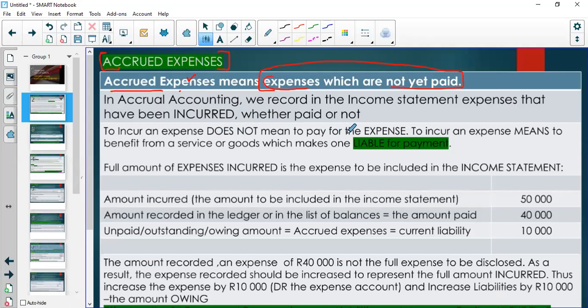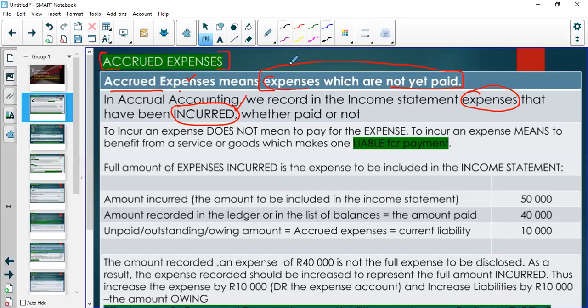So when we record expenses in the profit or loss statement, we record amounts we have incurred. We do not necessarily record amounts that have been paid. We record amounts that have been incurred.